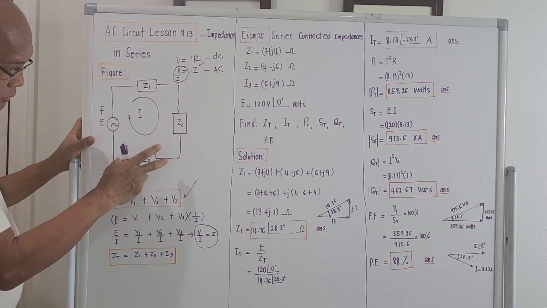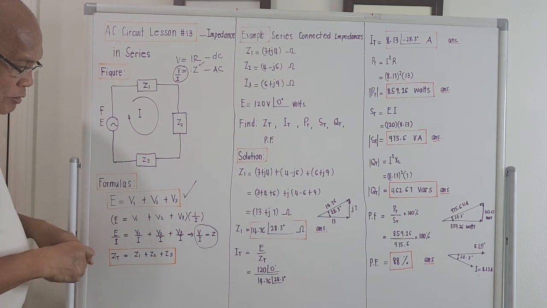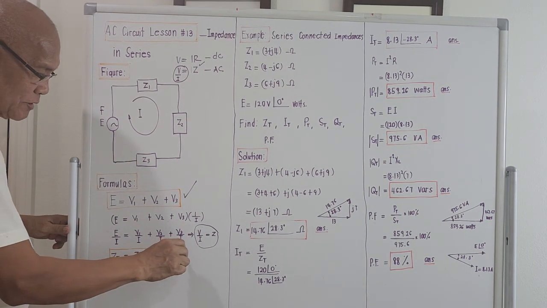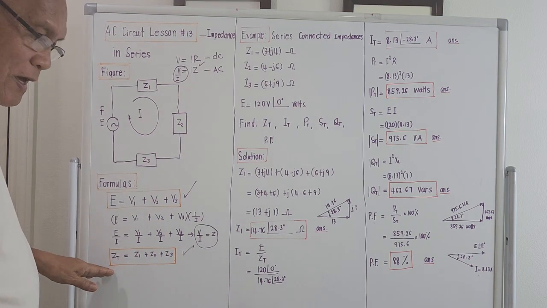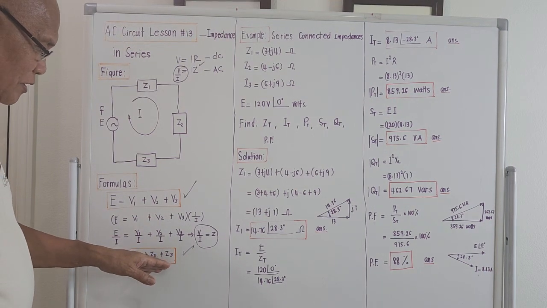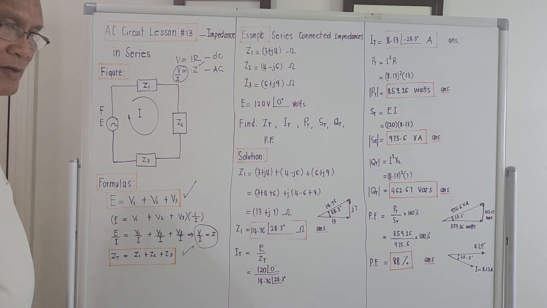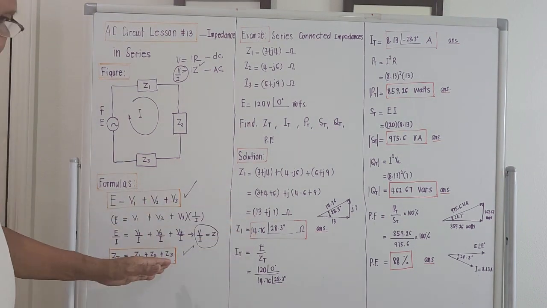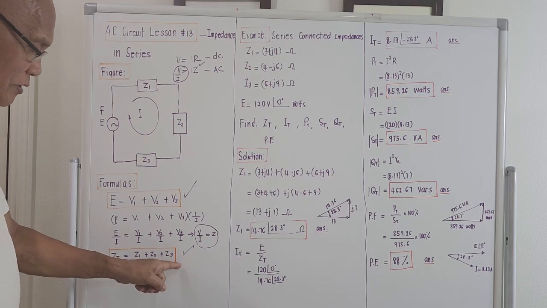And the ratio of the voltage across this divided by the current is actually Z3. So the next formula for a series impedance or series circuit, the total impedance will be equal to the summation of Z1, Z2 plus Z3, up to however many there are. But for this example, only up to 3 impedances, so this ends up to Z3.